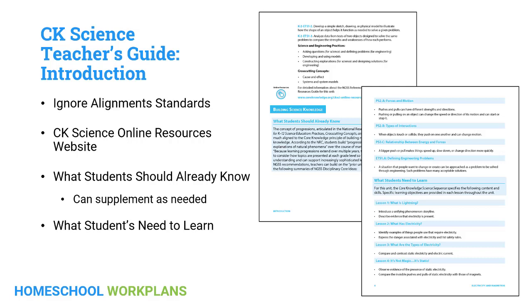I know sometimes as homeschoolers, especially if you're brand new to homeschooling, it can seem overwhelming because maybe you don't have a great science background yourself. Many of us didn't grow up with a great science education. But I do want to remind you that not only are these teacher's guides really well set up to help you expand your knowledge base and help you teach your child, we're talking about 7 and 8-year-olds here.